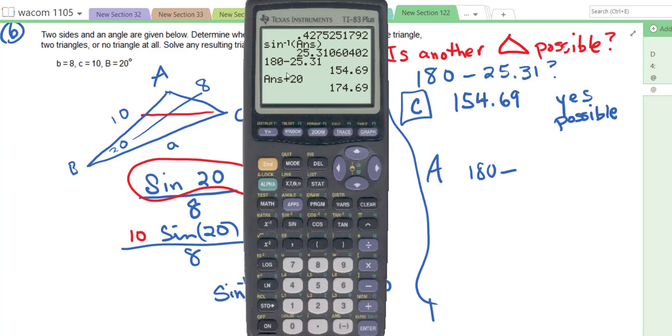So 180 minus 20 minus, so 180 minus 174.69. Great.